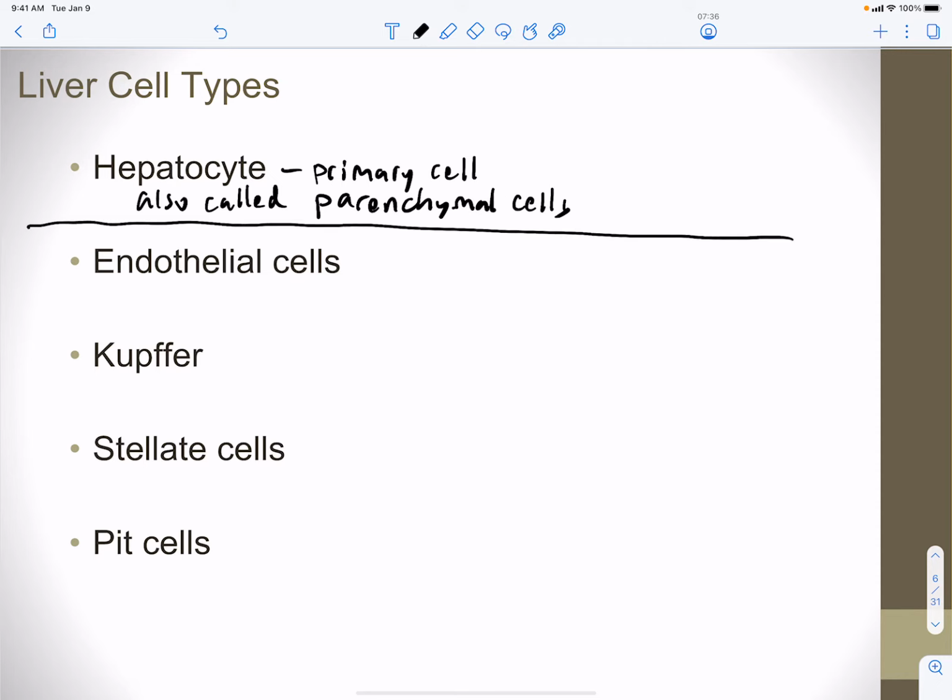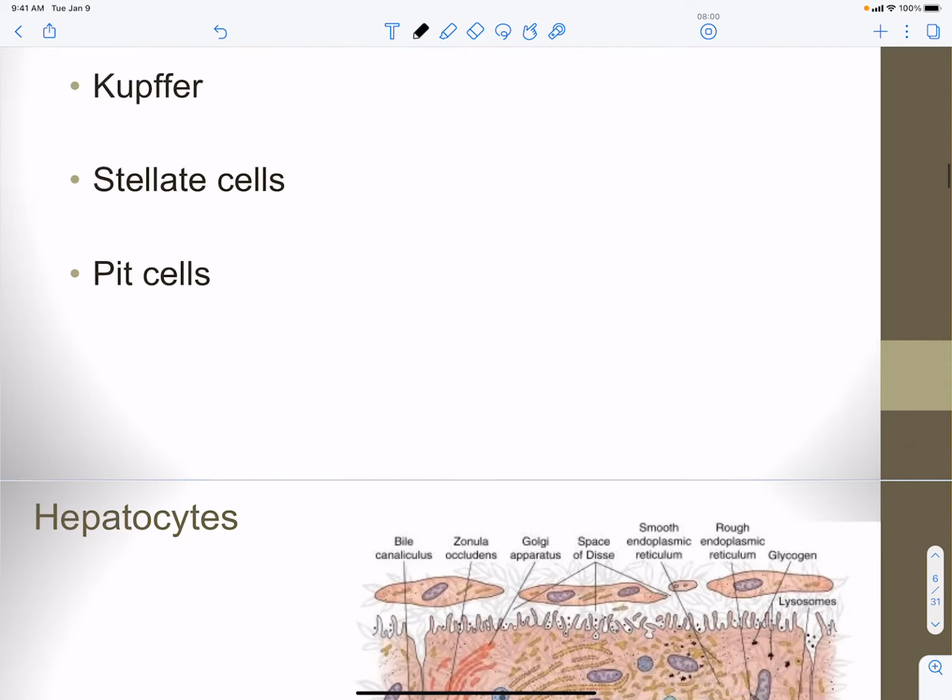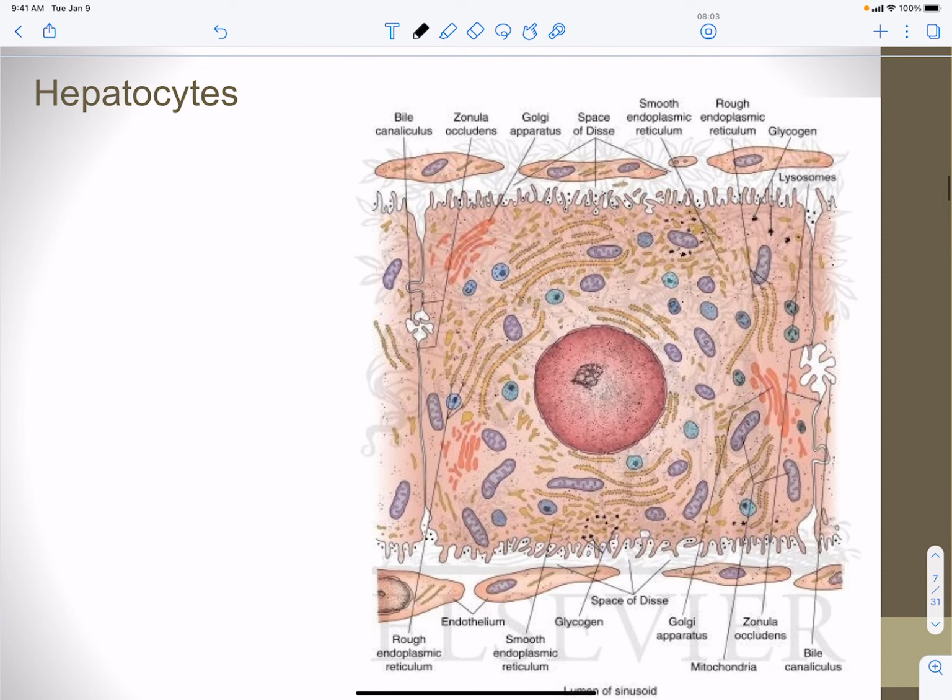And then all others are about 40% across the board. The lining of the sinusoids are going to be comprised of your endothelial cells, your Kupffer cells, your stellate cells, and you also have pit cells that are going to be part of the lining cells.